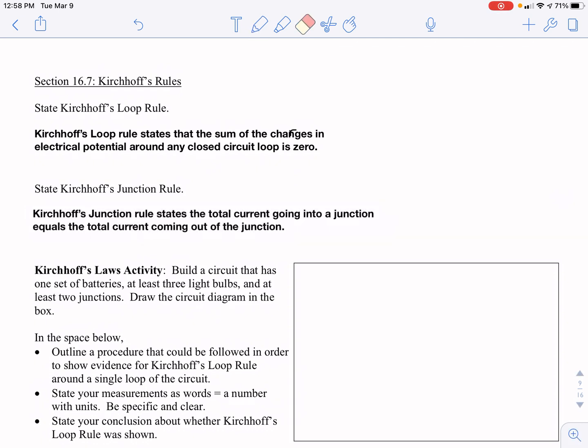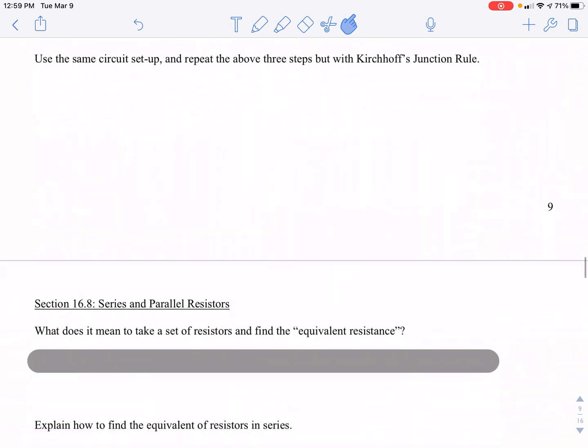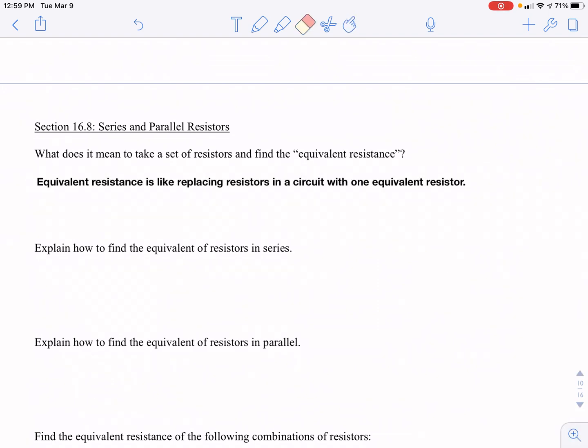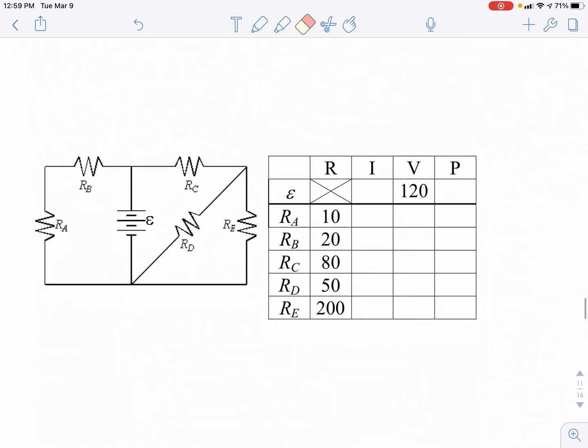The junction rule states that any current going into a junction needs to add up to the same amount of current going out of a junction. And we will apply both of these rules in our circuit analysis. Equivalent resistance is like replacing several resistors in a circuit with one that has an equivalent resistance that could pass an equivalent amount of current through it. We will do these examples in class together.